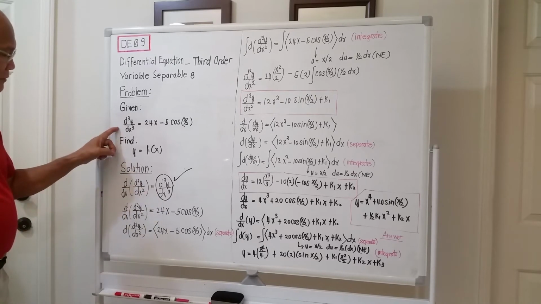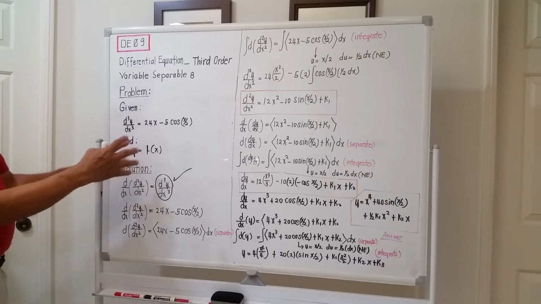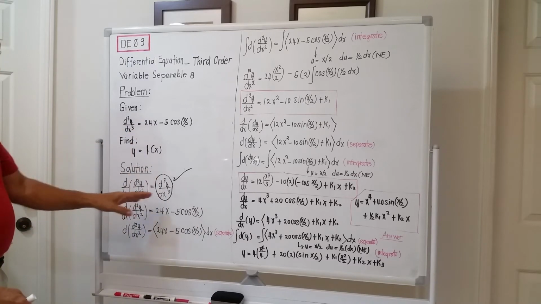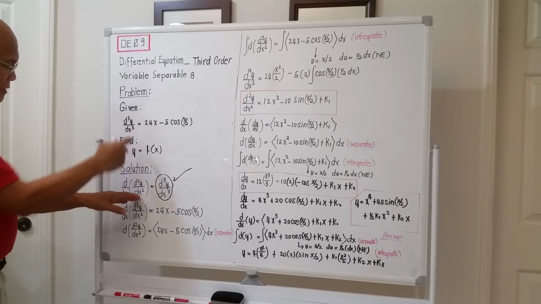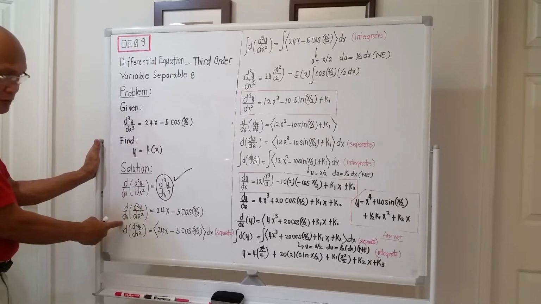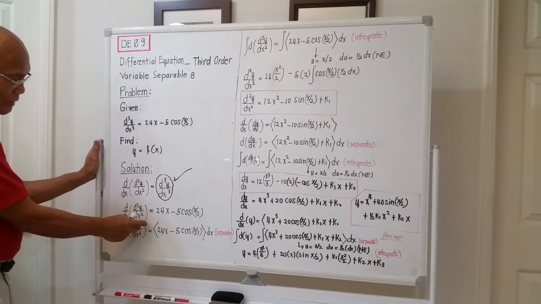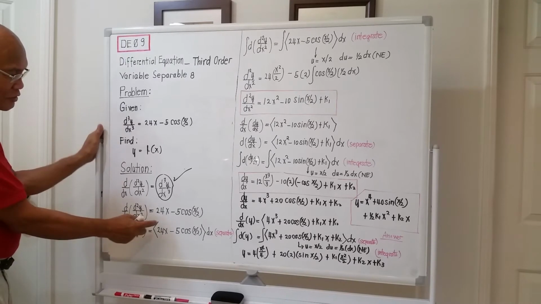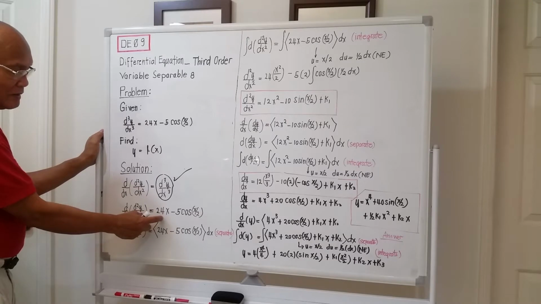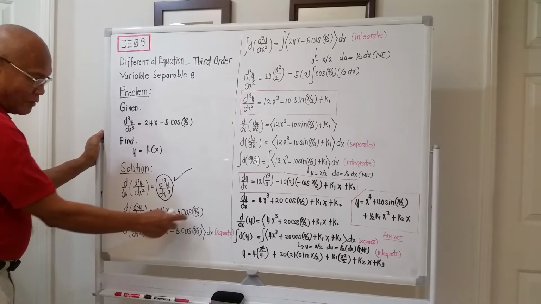It is the given problem. So from the given equation, we will substitute this equivalent back here. So the derivative with respect to x of the second derivative is actually the third derivative, and this should be equal to 24x minus 5 cosine of x over 2.